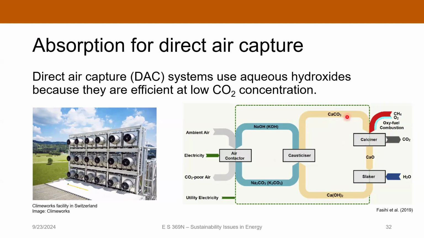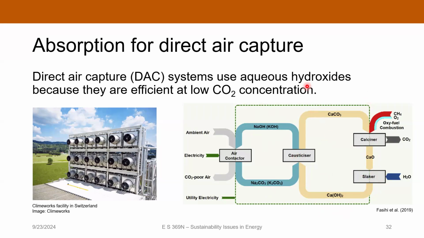So you take calcium carbonate and you heat it up to like 900 degrees Celsius, and it breaks down into CO2 and calcium oxide, otherwise known as lime, which you then hydrate in the slaker chamber here, and then it comes back through the causticizer to react again with these carbonated hydroxides that have come through here. So that's the basic way the system works.